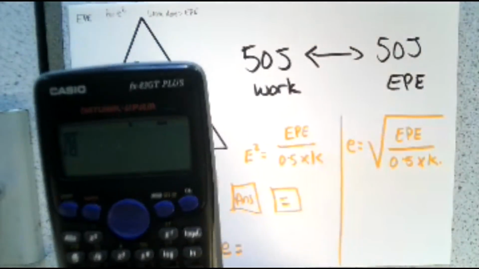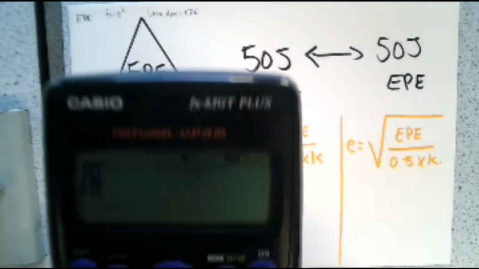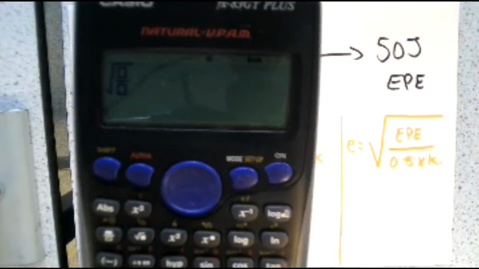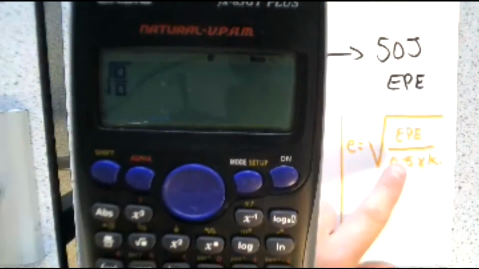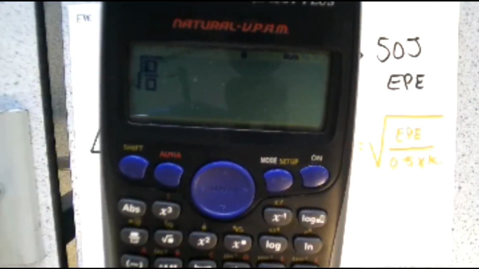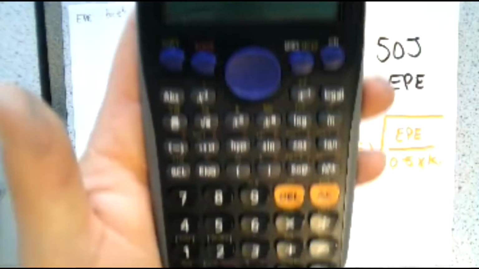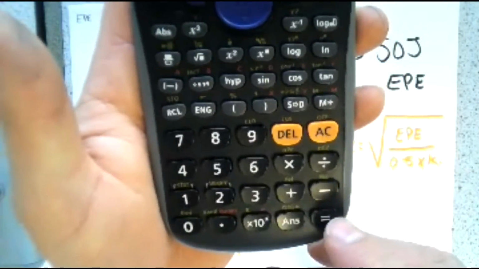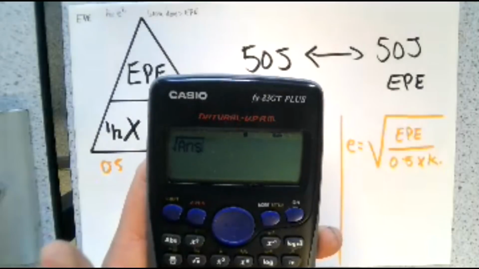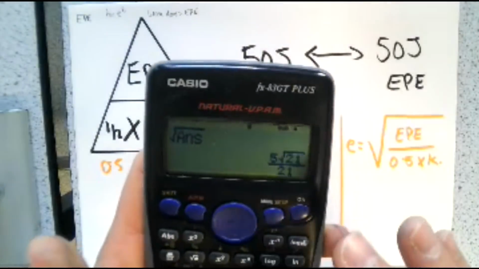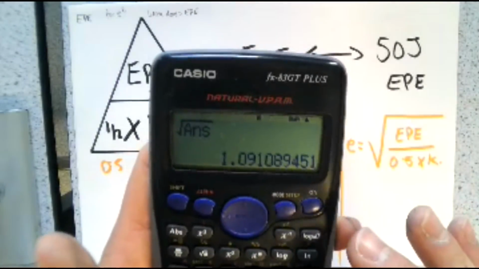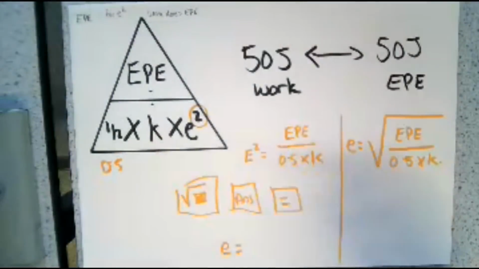There we go. What is in my calculator looks similar to that one. So you can do it as a one-step calculation, or do square root, answer, and then press equals. Obviously, it's just done some random calculation, and it's given me a number. Yours will be a real one.